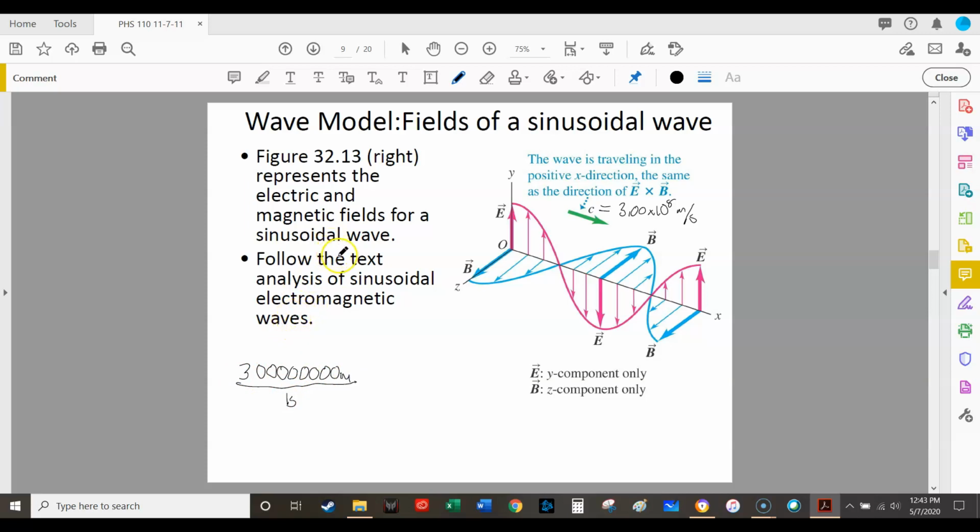It's amazing. Also note that the electric field is perpendicular to the magnetic field, right? And we kind of learned that a little bit in the magnetism chapter. If you have the magnetic field pointing in one direction, the electric field will be pointing in a perpendicular direction.